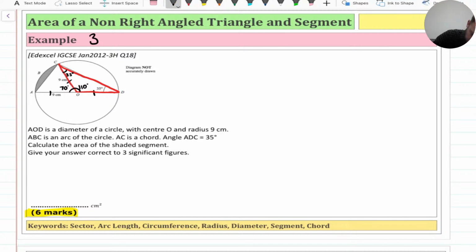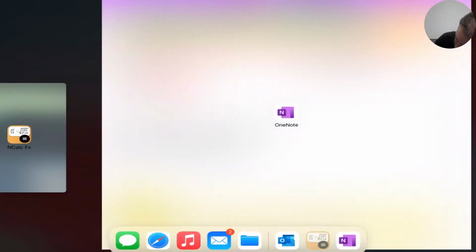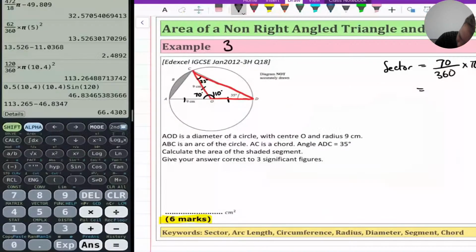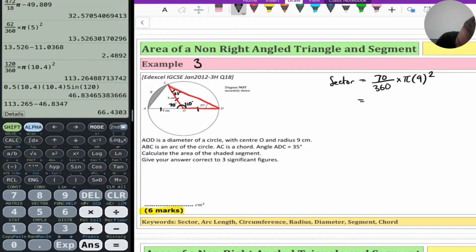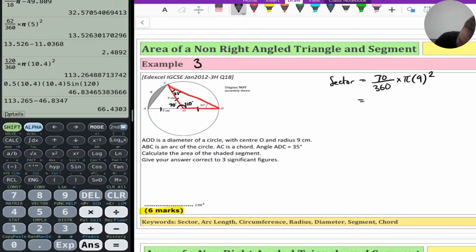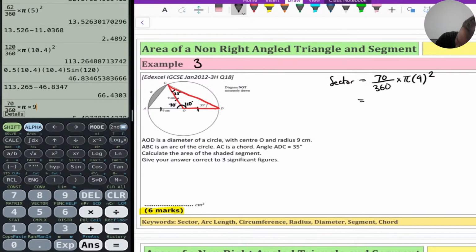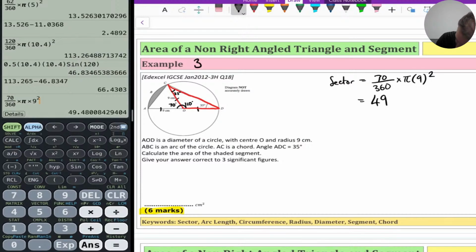So the area of the sector is going to be equal to 70 over 360 times pi times 3 squared, which is equal to 49.48 centimeters squared. Then we've got the triangle, which is going to be equal to 1/2 times 9 times 9 sine of C, which we know is 70.